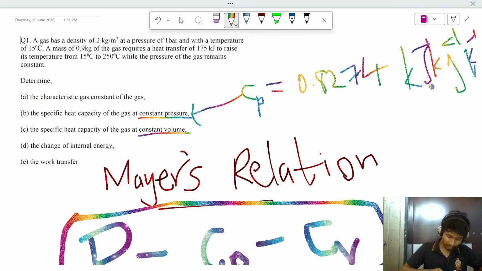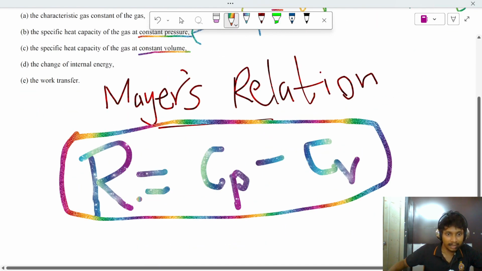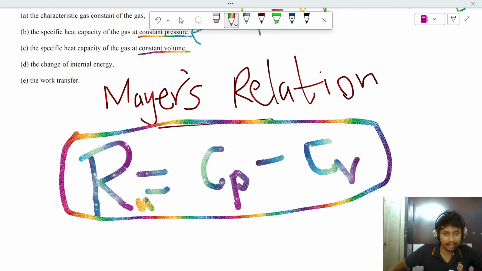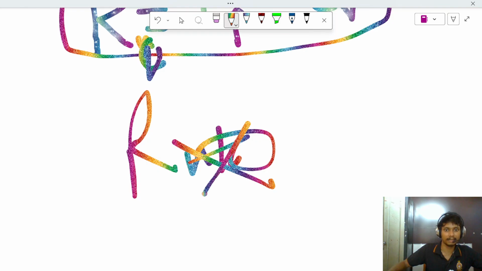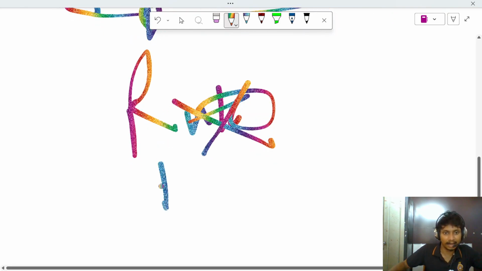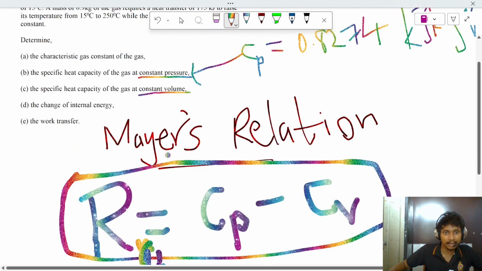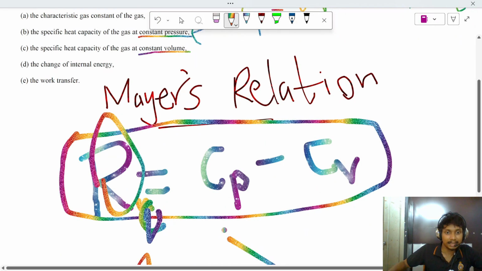We already found R in the part A equation. This R is not RU. RU means universal gas constant. Here we only mention R, we don't mention U or C. Here R means characteristic gas constant, not universal gas constant.